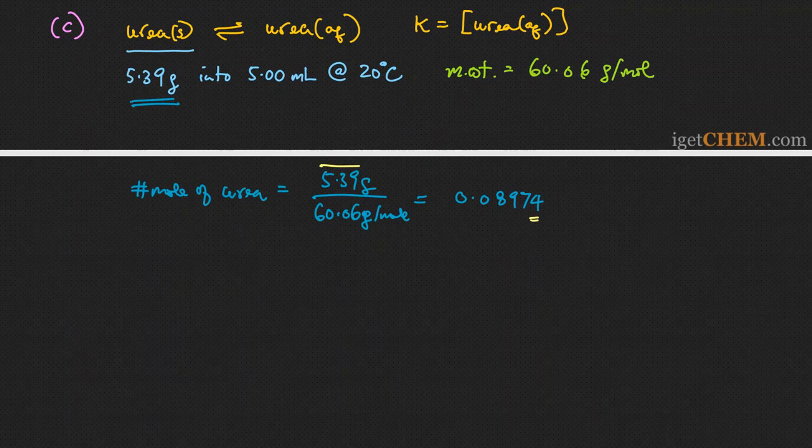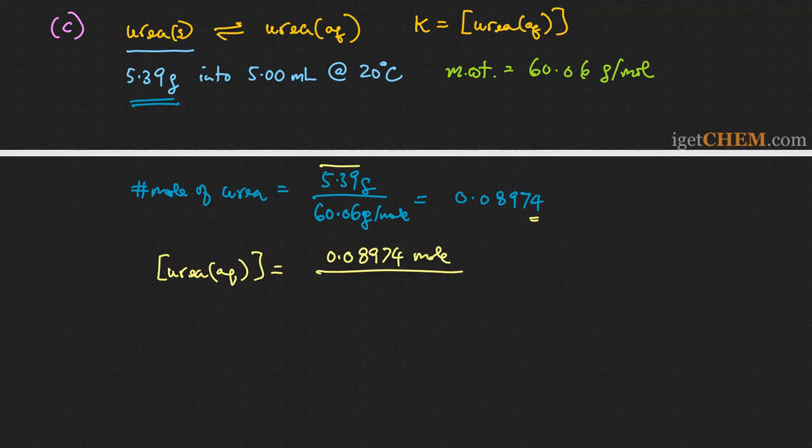So now what we can do is to then take the number of moles that is calculated right there and use that to calculate the concentration of the resulting solution. So the urea concentration in the aqueous solution is just equal to the number of moles divided by the volume.